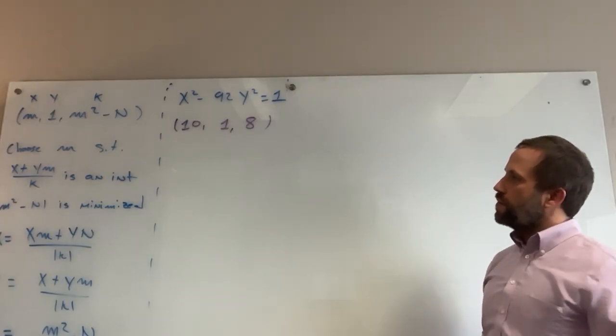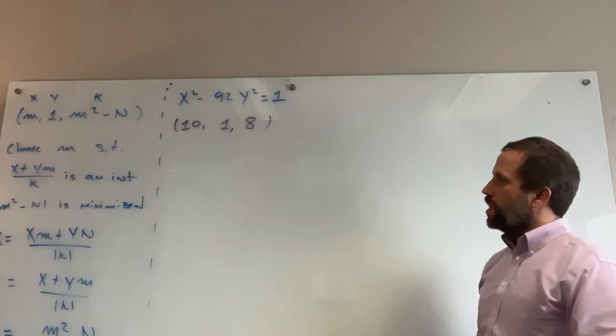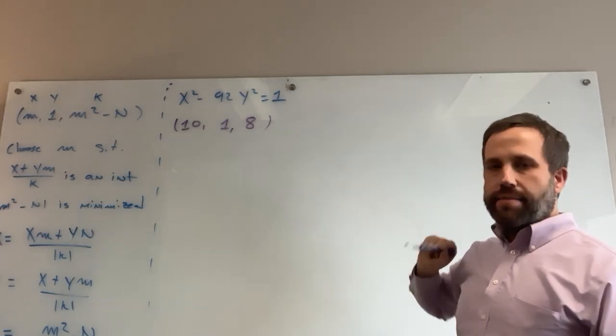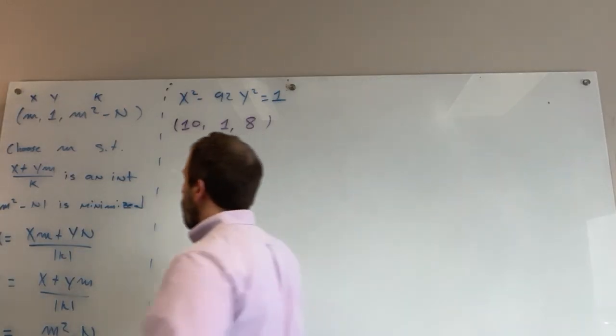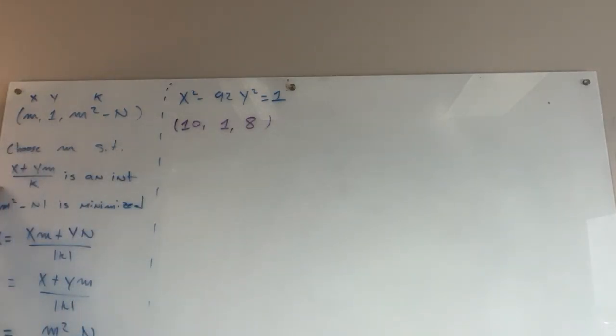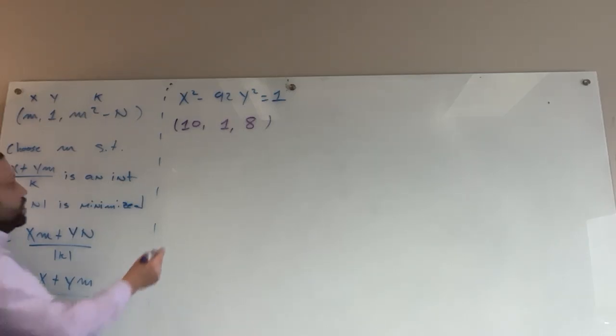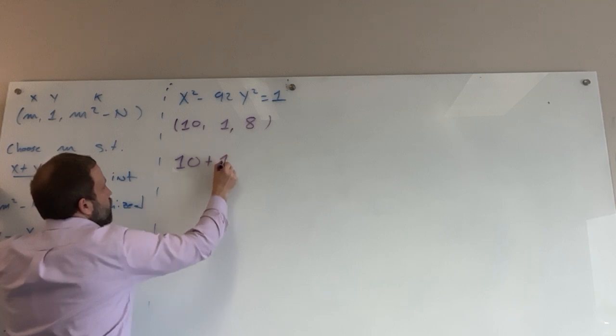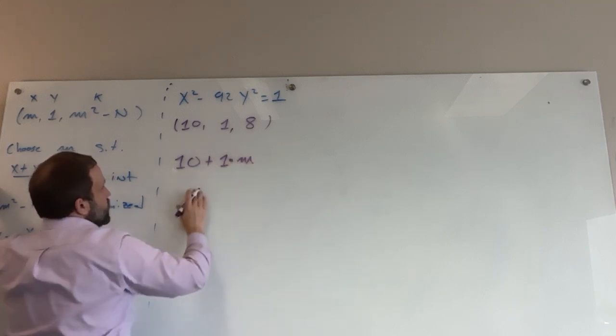So let's begin with the algorithm. I want to choose m, and I don't think I mentioned it, but m needs to be a positive integer. I want x plus ym divided by k to be an integer. In other words, x plus ym needs to be divisible by k. So 10 is our x, plus y, which is 1, times m.